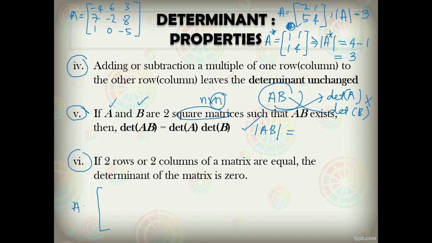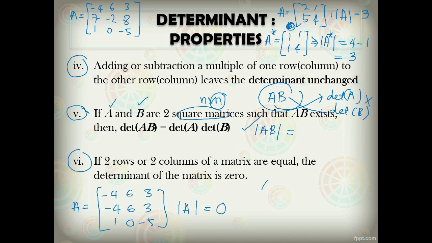For example, if you have matrix A as minus 4, 6, 3, minus 4, 6, 3, and then 1, 0, minus 5, you don't need to waste your time calculating the determinant of matrix A, because by applying this property, it is automatically 0.